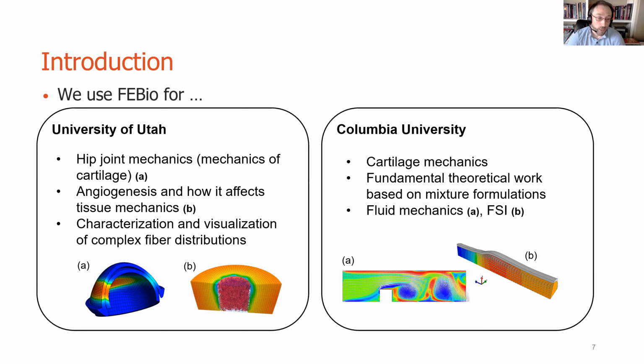We also use FEBio as part of an angiogenesis simulation framework, which aims at simulating the growth of new blood vessels. So the FEBio part basically tries to simulate the mechanical effects of angiogenesis. And then we also use FEBio to characterize and visualize complex fiber distributions.